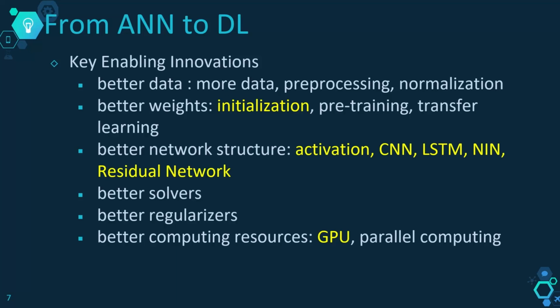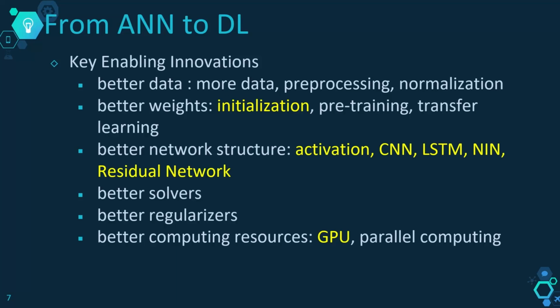And in recent ChatGPT, we also have new things such as self-attention. So we are looking for better structures or structure innovations that can help us get better deep learning results.